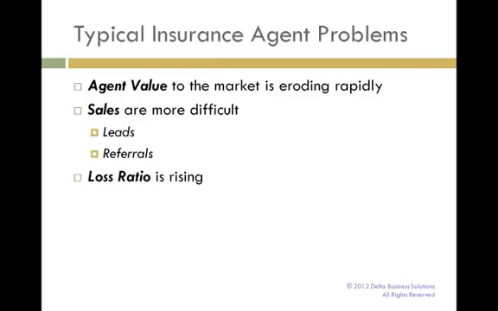Loss ratio, which is the ratio of the number of losses or claims to the number of policies, is being carefully scrutinized by carriers today. It works differently in different offices, but many agents actually get a bonus if their loss ratio is below a certain standard, and they're penalized if the loss ratio rises above the carrier's standard limits.